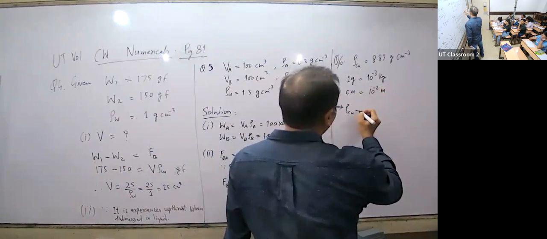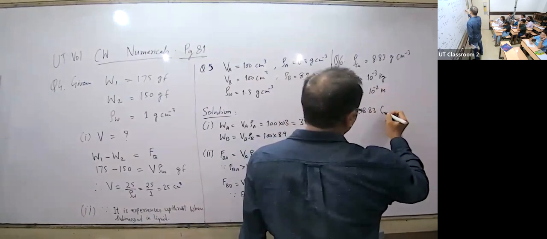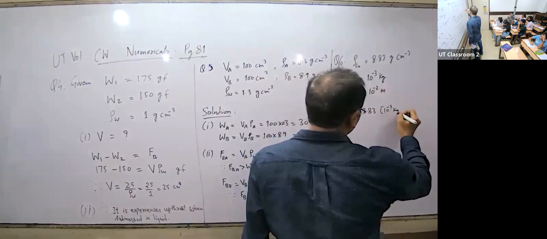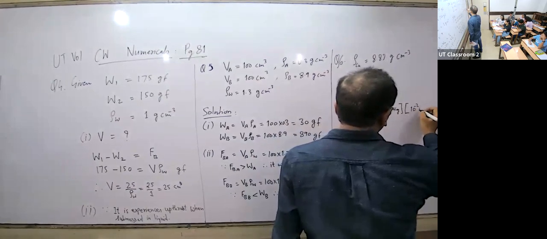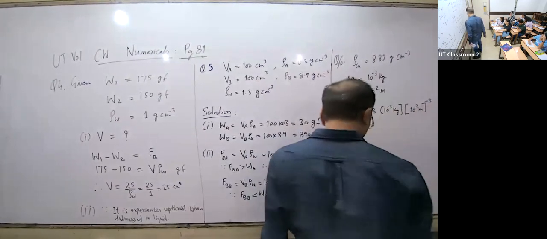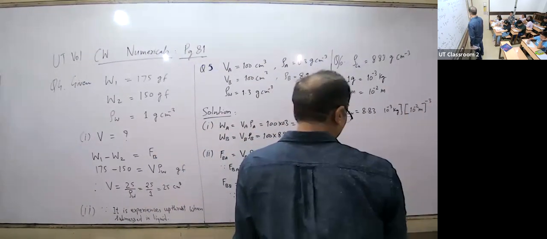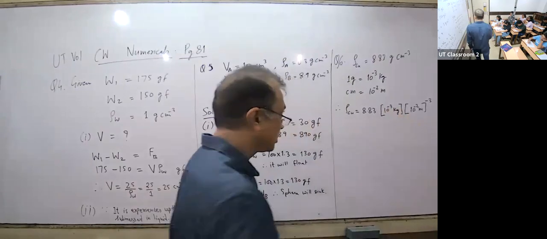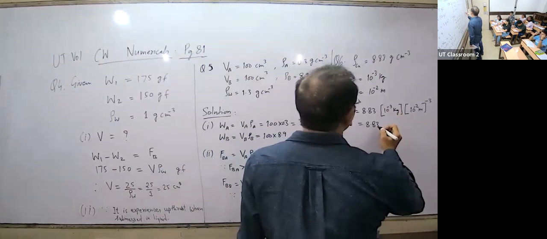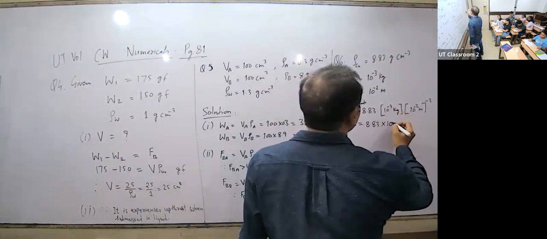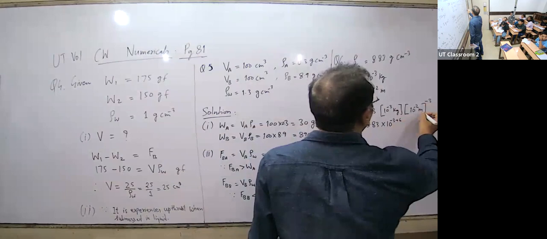Therefore, 8.83 is 10 raised to minus 3 kg, and wherever we had centimeter, you would write 10 raised to minus 2 meter, and minus 3. This is how you make substitutions. Everybody understood this step? So this is 8.83 into 10 raised to minus 3 minus 2 minus 3 plus 6 meter minus 3.